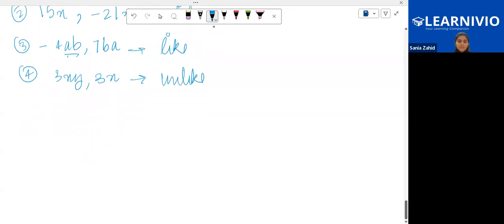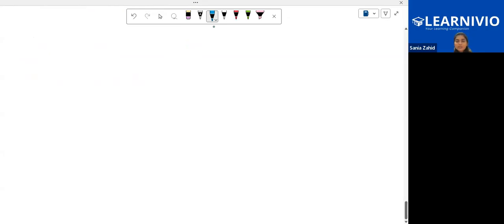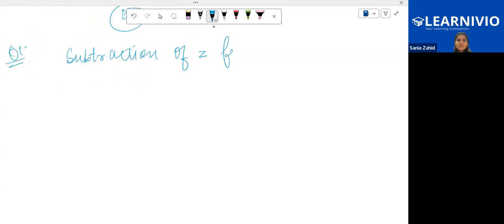Okay. Now you have to form the algebraic expressions. I'll give you the statement and you have to form the algebraic expression. So this is exercise 1. Question 1 says subtraction of z from y.